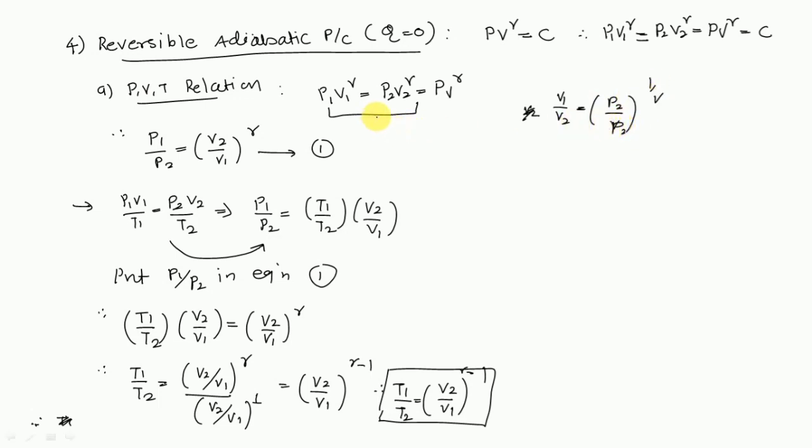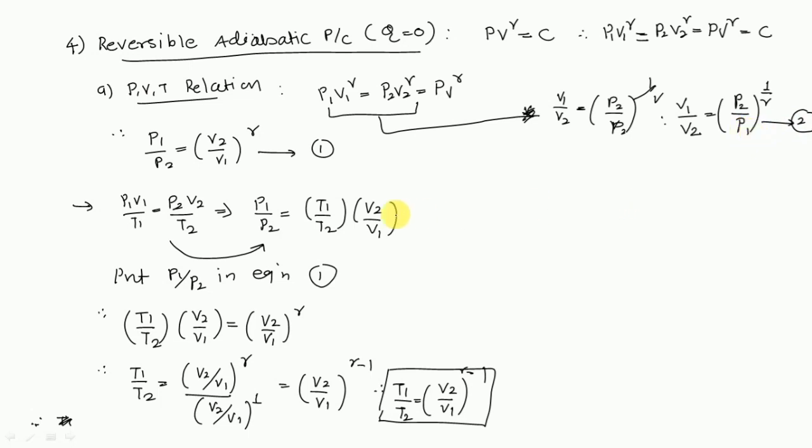The power of V1 by V2 is inverse. So I write it properly: V1 by V2 is equal to (P2 by P1) raised to 1 upon gamma, and I call this equation number 2.